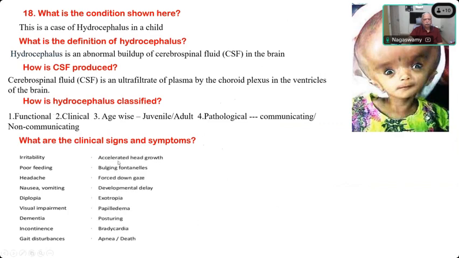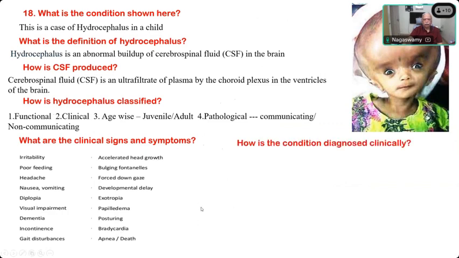The signs may be accelerated head growth. Mother may say talipes, bulging fontanelles, forced downward gaze, developmental delay, papilledema, posturing, bradycardia, apnea. All these are very severe cases.